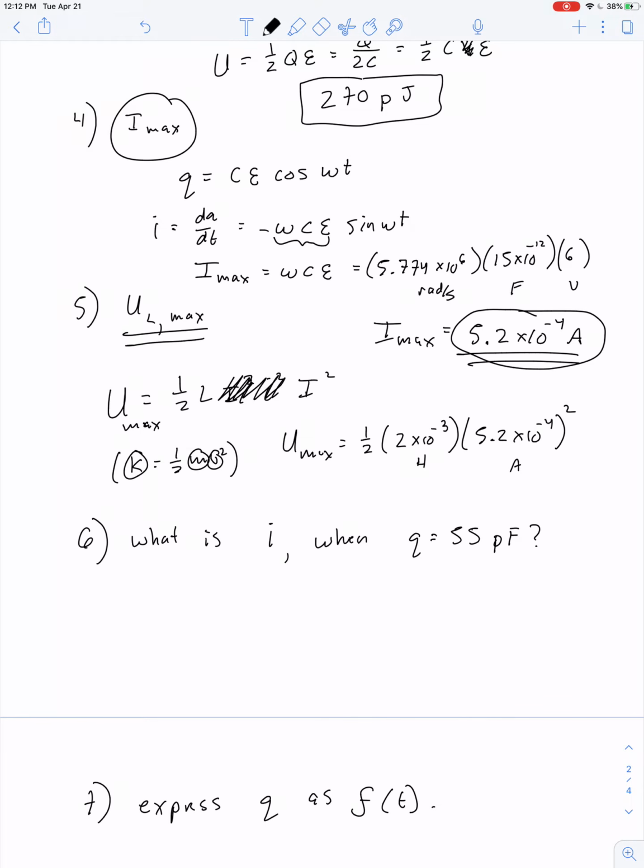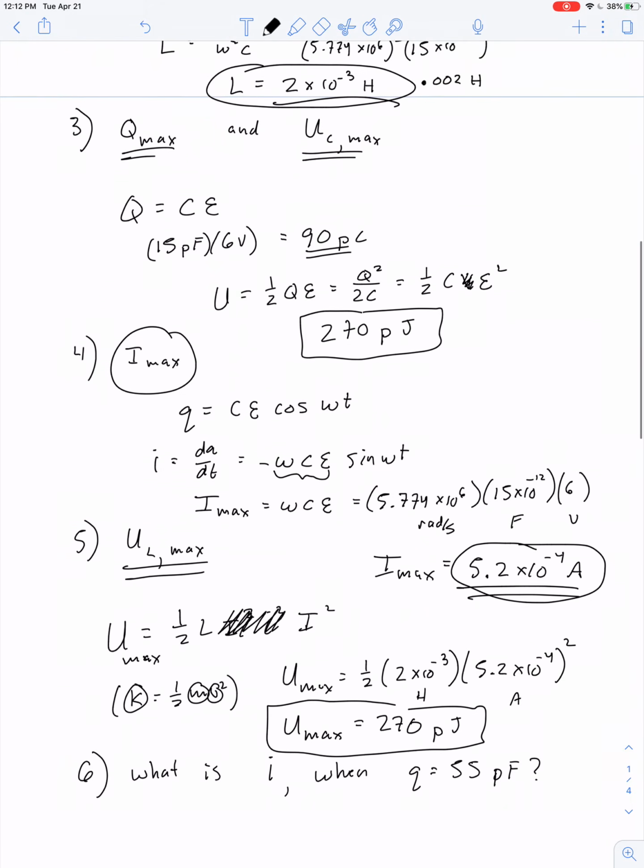So if we square the maximum current, multiply by the inductance, and then divide that by 2, we get, surprise, surprise, that the maximum energy in the inductor is equal to 270 picojoules. Of course it is.